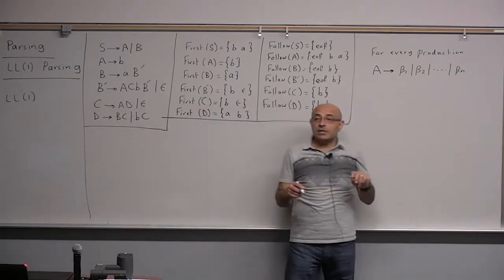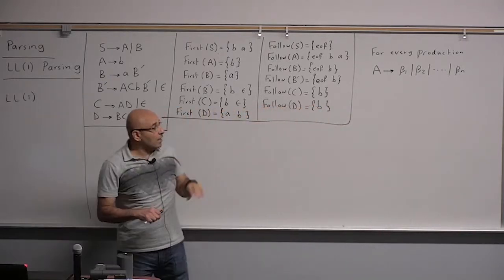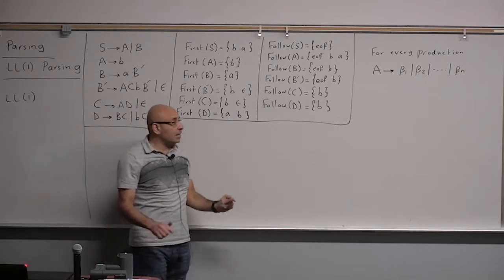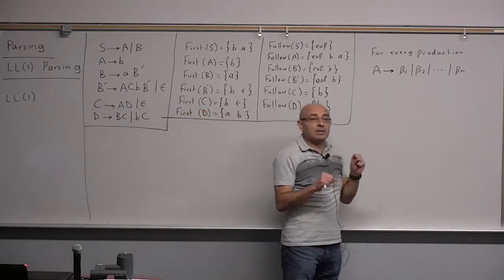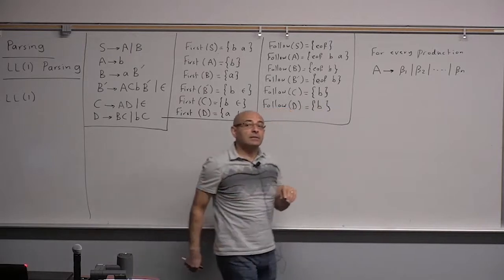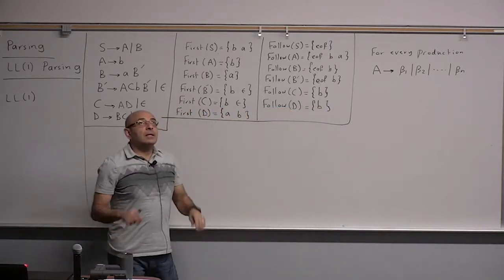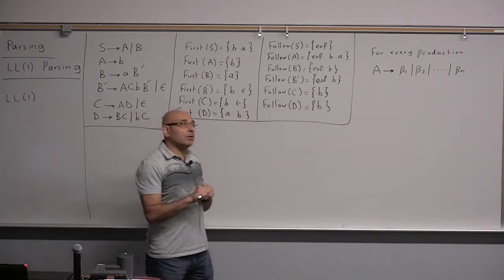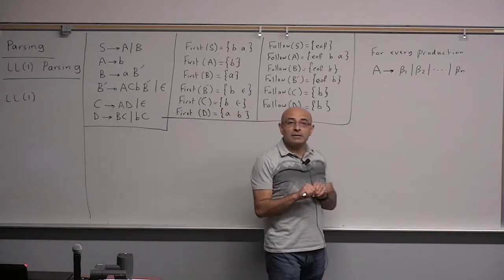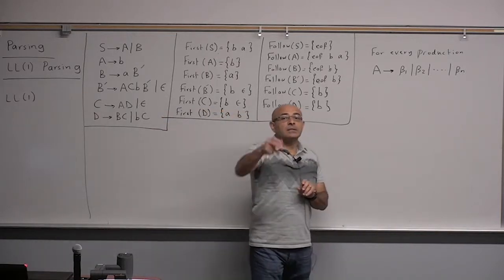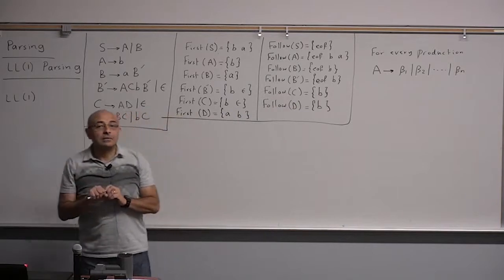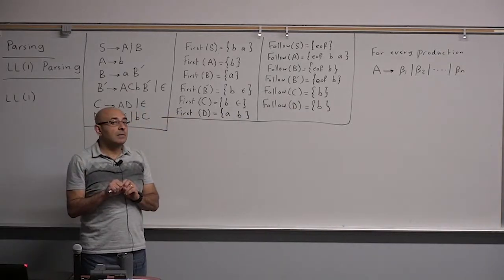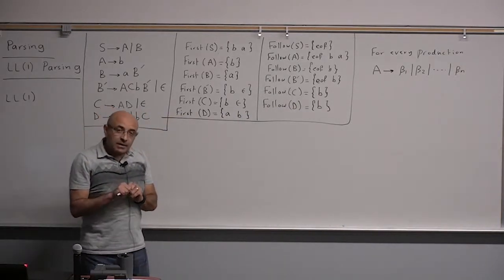And what's the rationale behind this? Why do we look at the follow set only if the first set has an epsilon in it? It can potentially disappear. So what's the point in looking at the follow set? You look at the follow set because it comes directly after it.